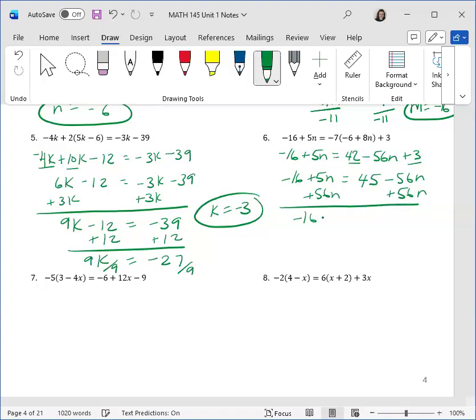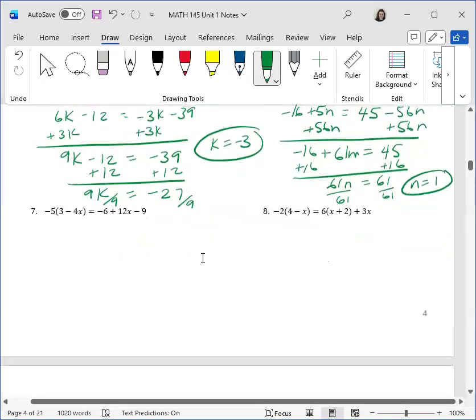That would give me negative 16 plus 61n, oops, n, not m, is equal to 45. I'm going to add the 16 to both sides. So I get 61n. Sorry, that's an n. N is equal to 45 plus 16 is also 61. Dividing both sides by 61 gives me my final answer of n equals 1.